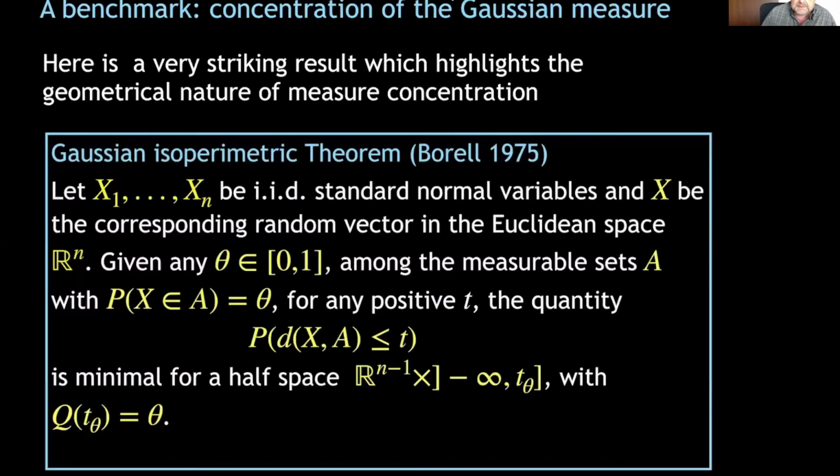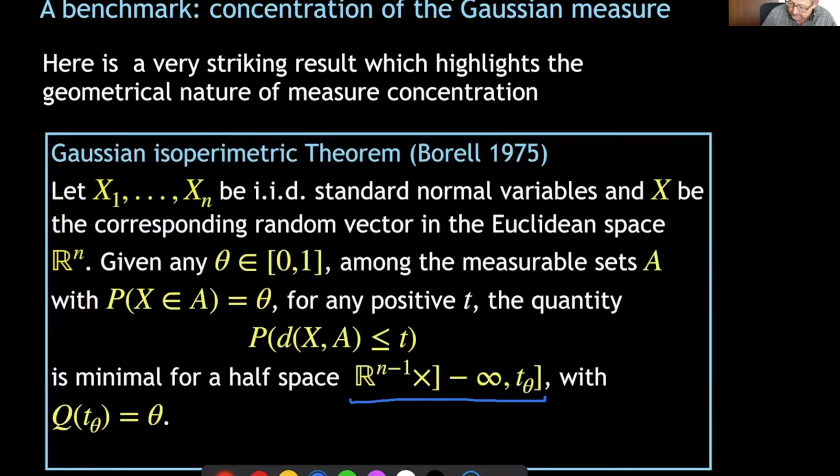And of course, since the half spaces all have the same probability in some sense under the Gaussian distribution, because it is invariant by rotation, then you can fix the half space to this shape here.